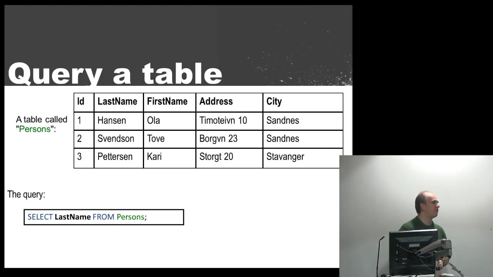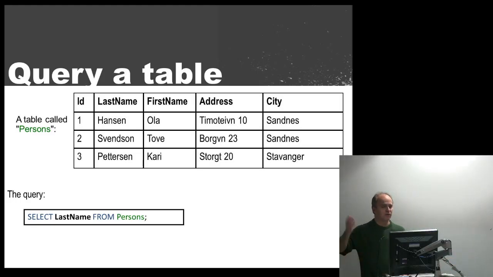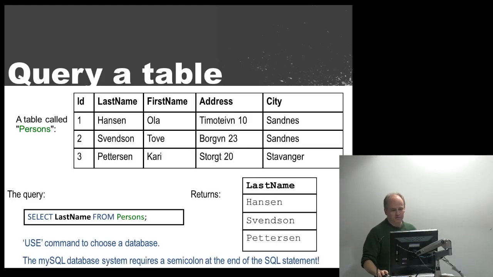I guess you have already understood what it's going to do. It's not very complex. You are going to extract all the last names from the table which is called persons. You can see it's quite intuitive as a language. And it's going to return, obviously, the column with the last names.